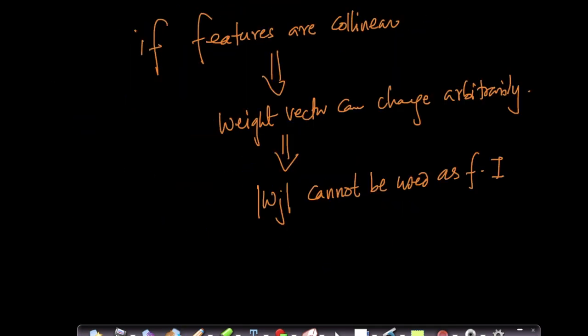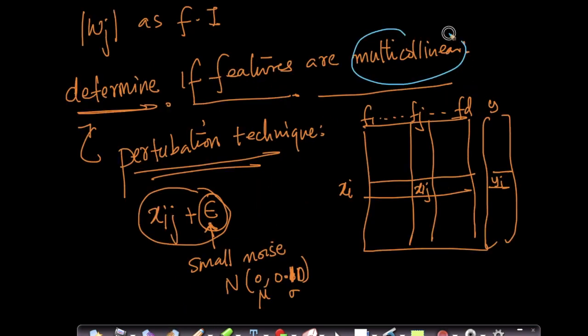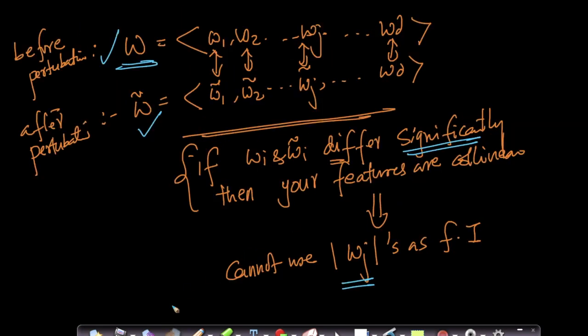I have seen cases in my own experience where people do not check for multicollinearity and say this feature is important, this feature is not important. But the moment you do a test like the perturbation test, you quickly notice that there is so much multicollinearity that you simply can't use the absolute values of Wj's as feature importance anymore. So it's important to note that.